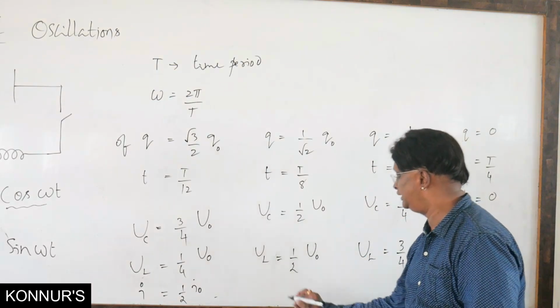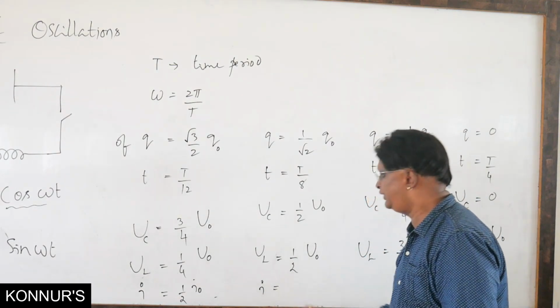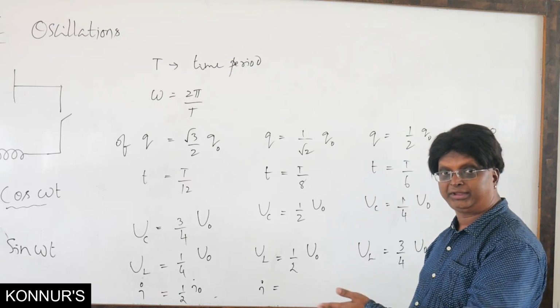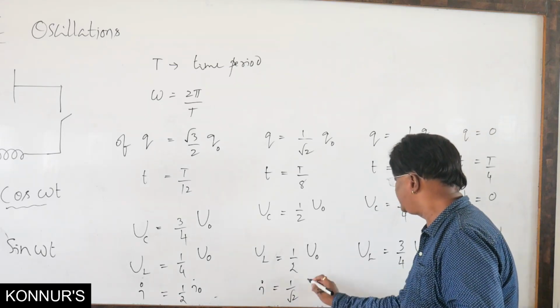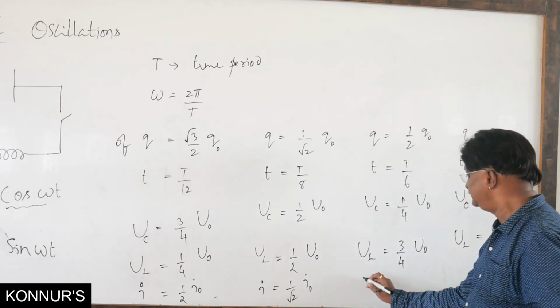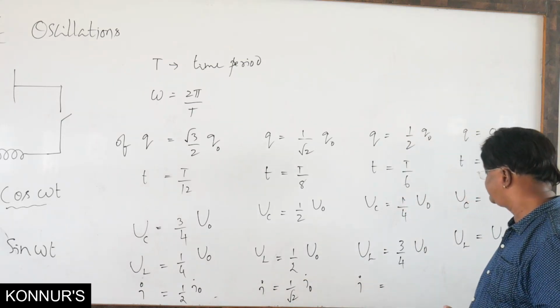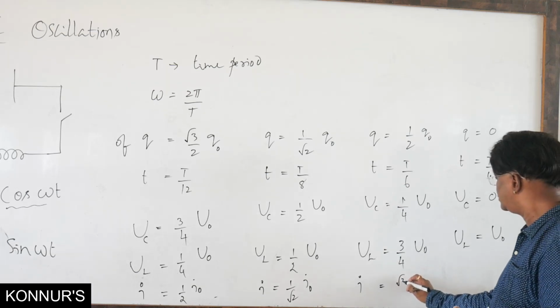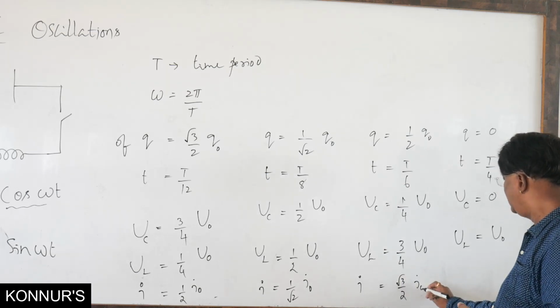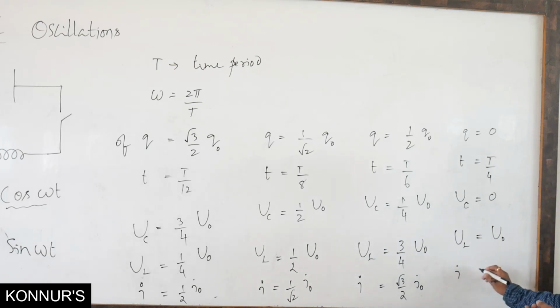Half of the maximum current, and here the instantaneous current through the inductor, I am writing in the last row: I is equal to 1 by root 2 times I naught, and here the instantaneous current is equal to root 3 by 2 I naught, and this is where I is equal to the maximum I naught, and this is what refers to the phase difference.